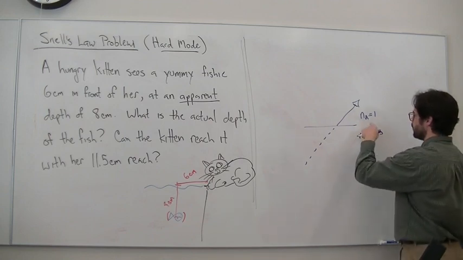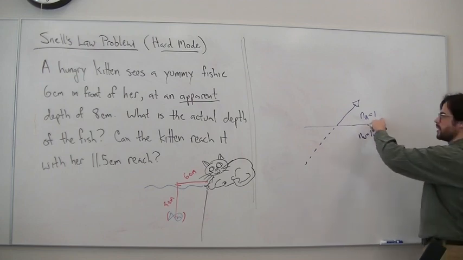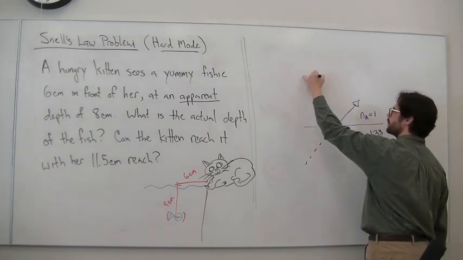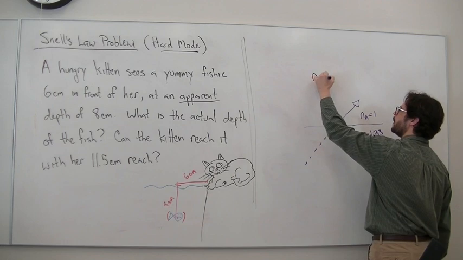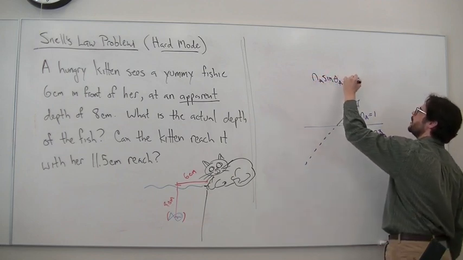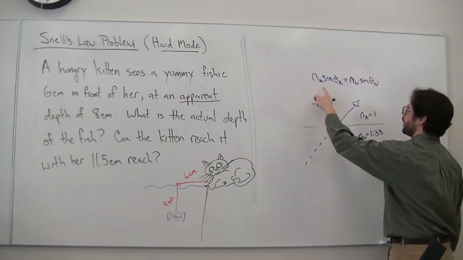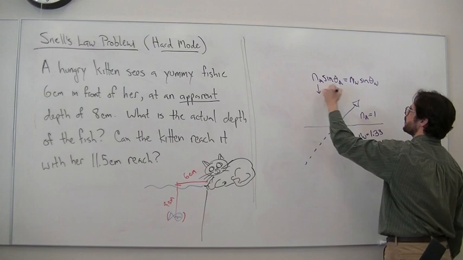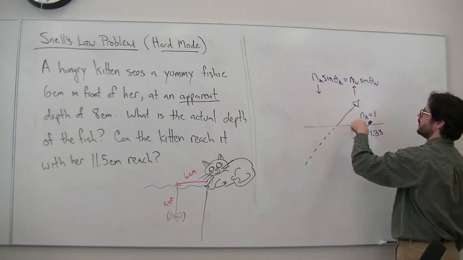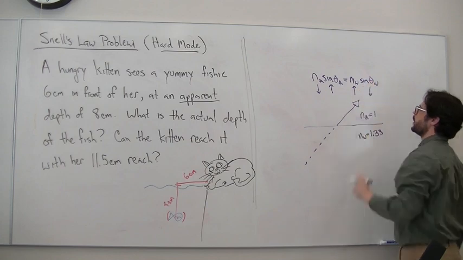Okay, so because this is going from what we'll call an optically dense to an optically light medium, when I look at N1 sine theta 1, or N air sine theta air to be specific, and then N water sine theta water, what I have is that if this is less than that, what's got to be true is this has got to be greater than that.